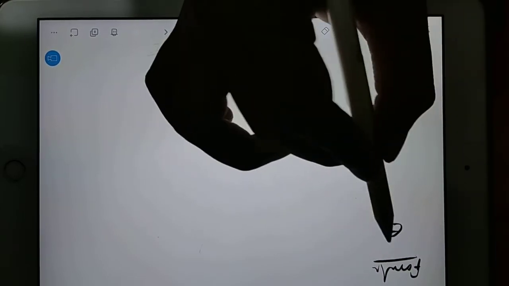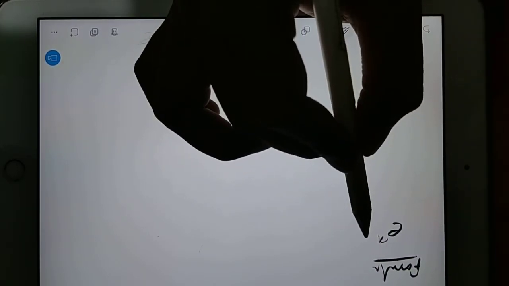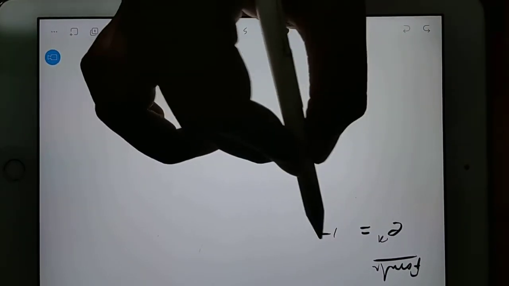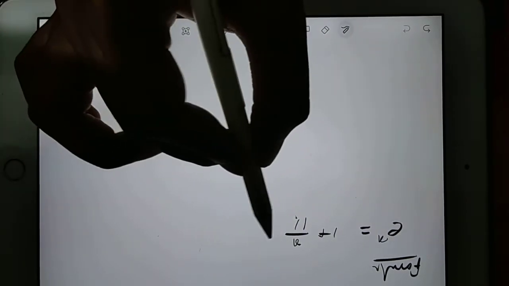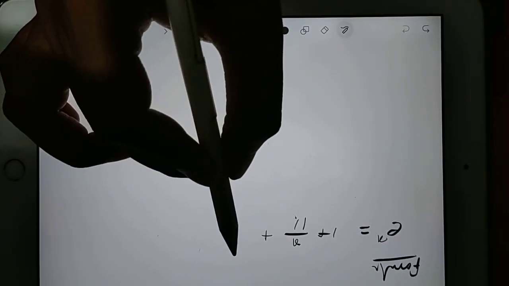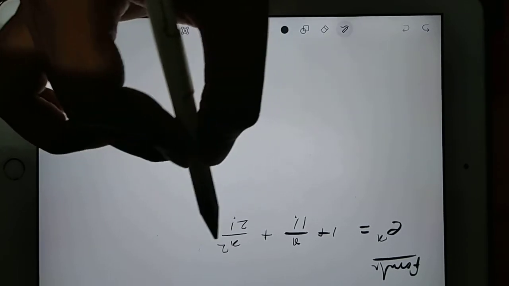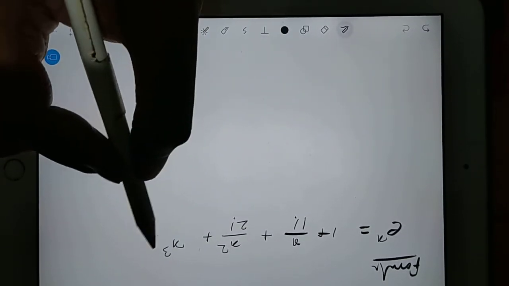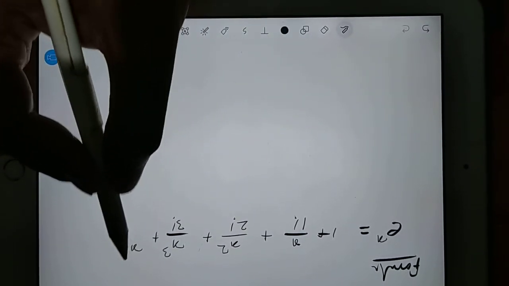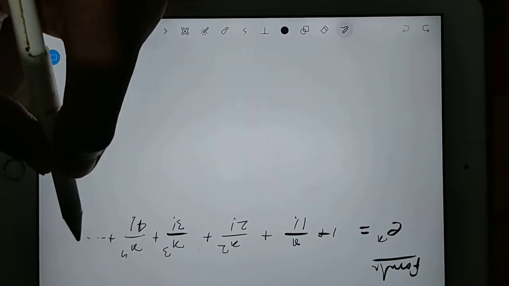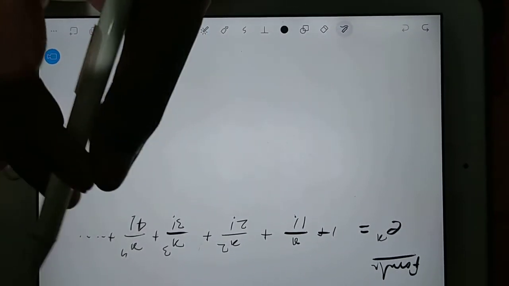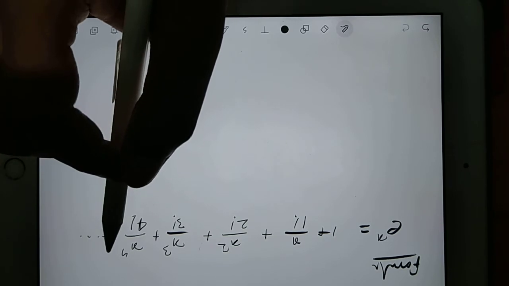Formula. e power x, we know that, is 1 plus x by factorial 1 plus x square by factorial 2 plus x cube by factorial 3 plus x4 by factorial 4. This is the simplest expansion in mathematics. Simplest.